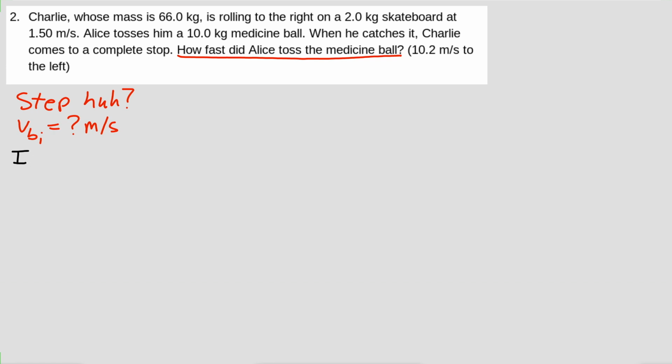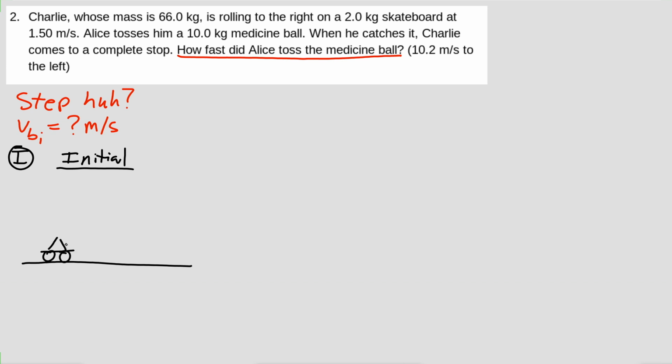So now we go on to step 1. Step 1 is the sketch. But this is a conservation of momentum problem, and anytime you're doing a conservation problem, you actually want 2 sketches. You want a sketch for your initial situation that shows what's going on at the beginning of the problem, and then another sketch for the final situation. So what have we got in the initial sketch?